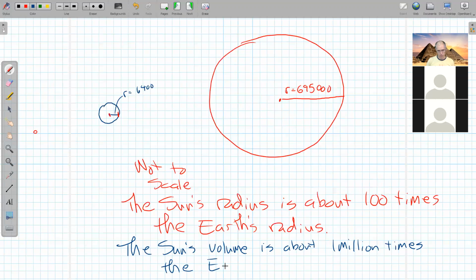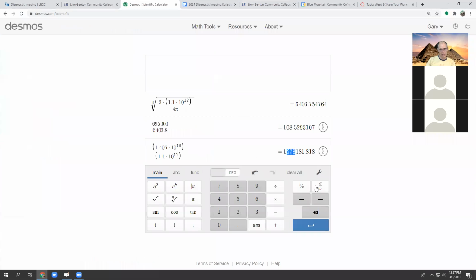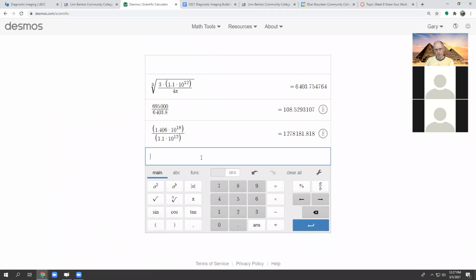The Earth's volume, if I word it the same way. And just something to think about here. When we take a radius, and here we're comparing the two radii, in the formula V equals 4/3 pi r cubed, we're cubing the radius. What do you get when you cube 100? Because we're cubing that difference when we look at the two of them.